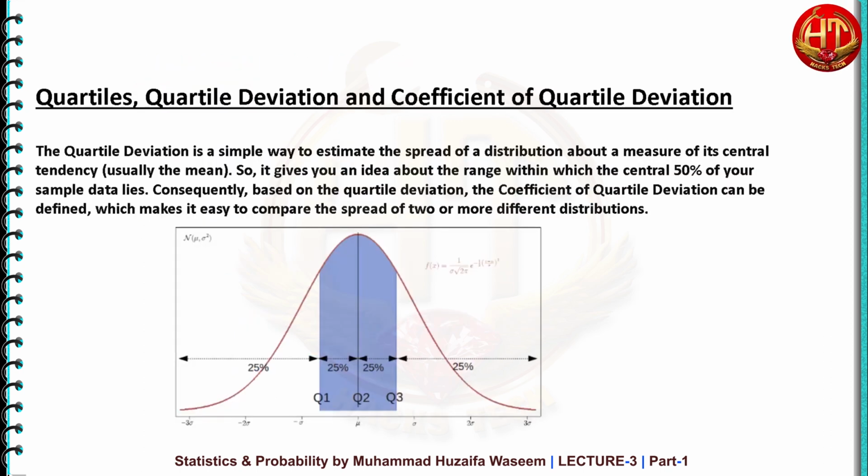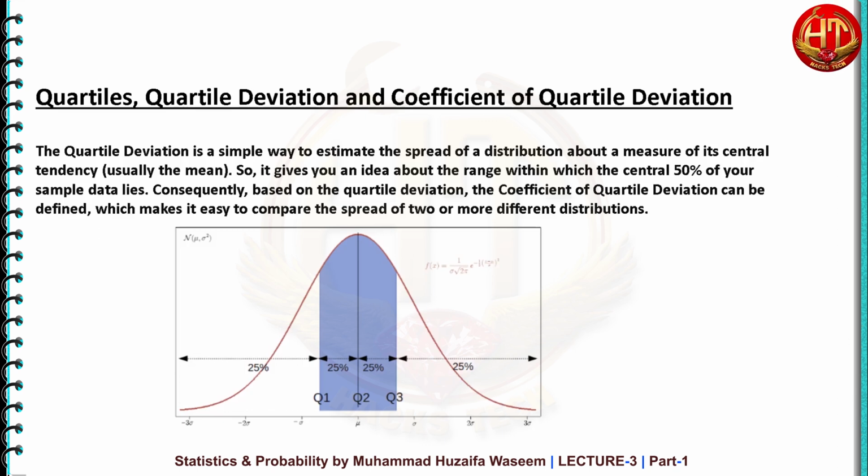Next topic is quartiles, quartile deviation and coefficient of quartile deviation. What is a quartile? Quartiles divide the data into four equal parts. The quartile deviation is a simple way to estimate the spread of a distribution about a measure of its central tendency, usually the mean.